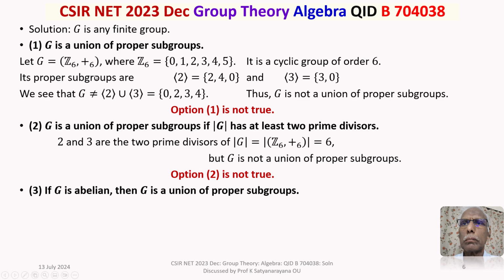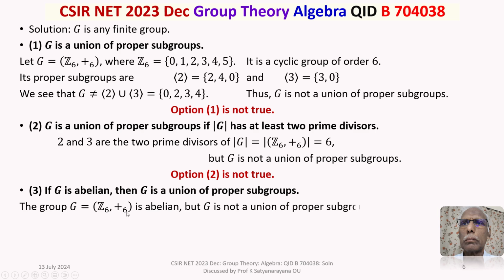But we have seen it is not a union of proper subgroups. Again, option 3 is not true. The group G equal to Z6 under addition modulo 6 is abelian, but G is not a union of proper subgroups. Therefore, option 3 is not true.